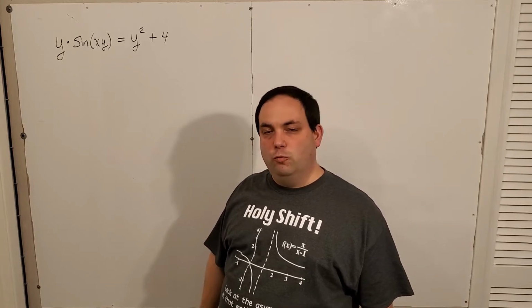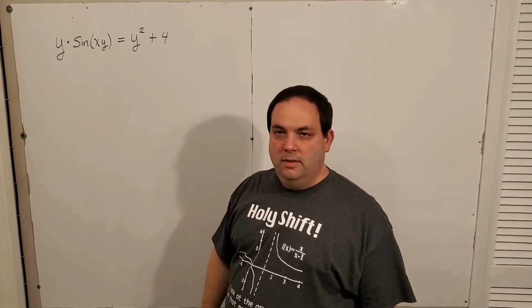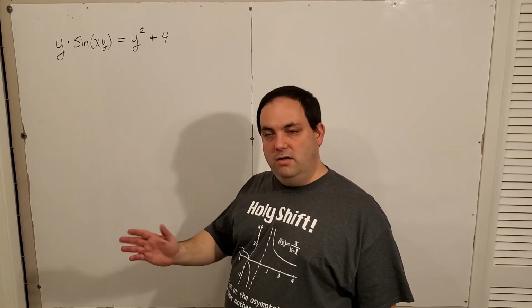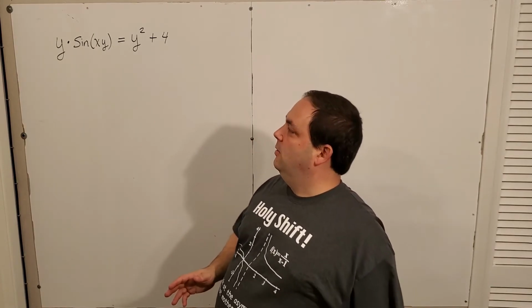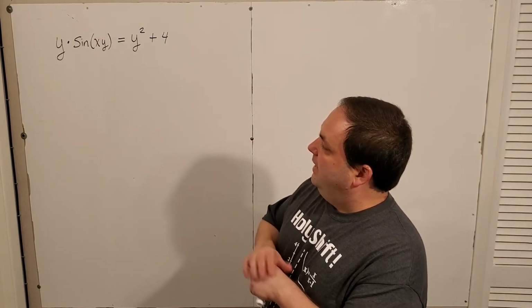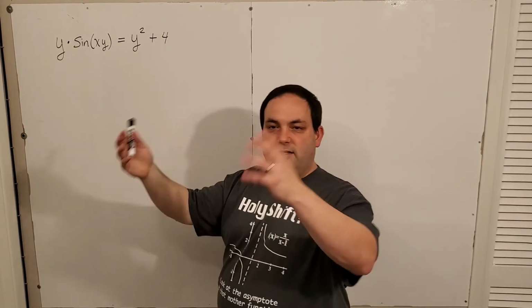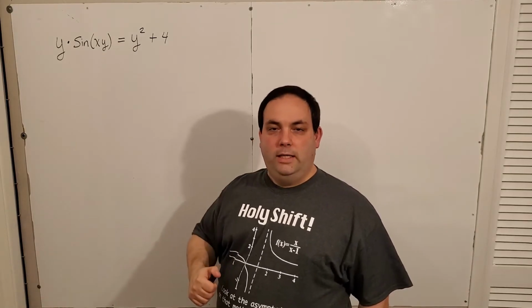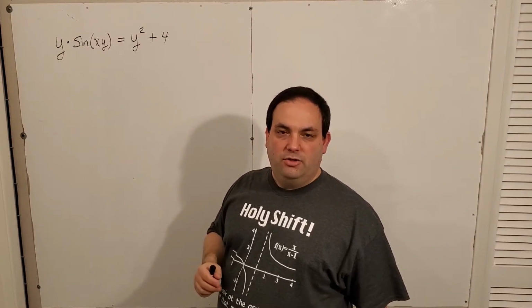It would take some real upper level craftiness to even attempt, and even then it may not be fully possible, not in a holistic way, not in a nice way that you'd ever want to see. It stems from the sine function here being transcendental and different from the rest of the polynomial stuff. Anyway, so I would want to do this one implicitly. I really don't have a choice.